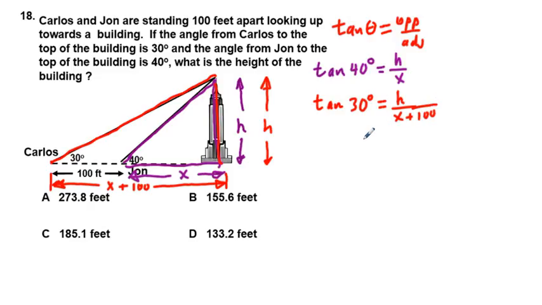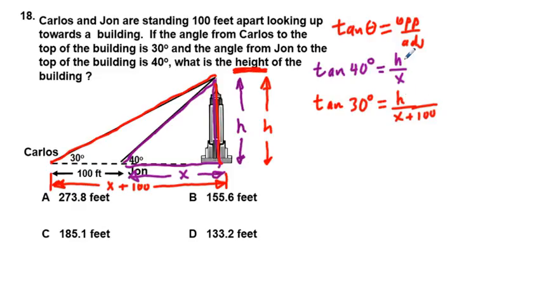Now if we substitute from one equation into the other and create an equation with one unknown, we'll be able to solve this system. The best way I know is to replace x with something in terms of h, and then we'll just be solving for h, because h is the height of the building that we're trying to find.